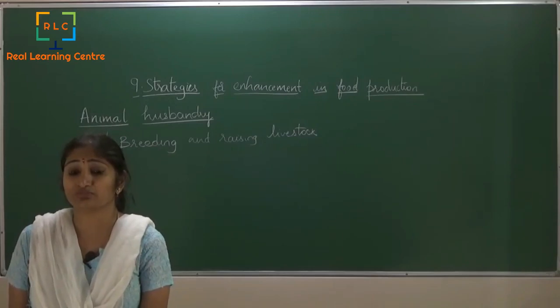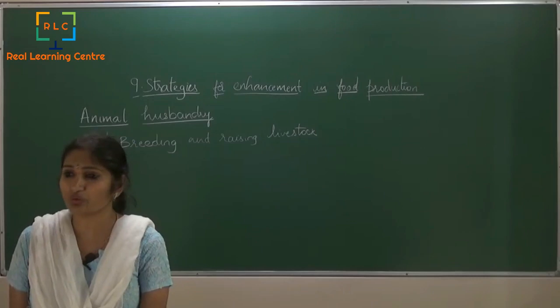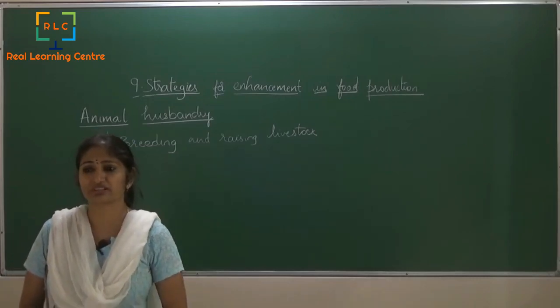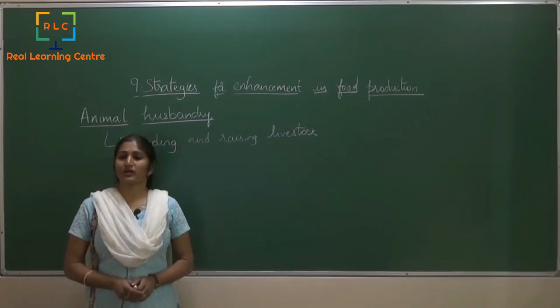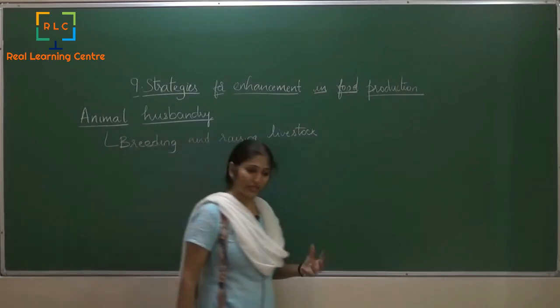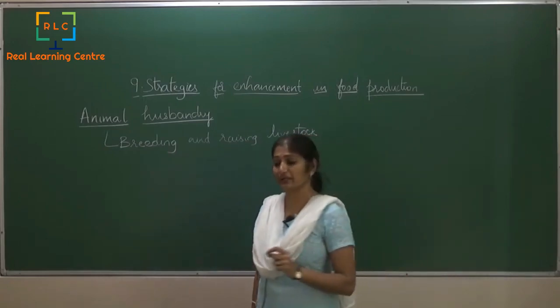Okay, so we do have a lot of conventional practices of animal breeding. We do take care of them, but whatever said and done, there are many new technologies that are available, and all these have to be applied so that we can see some improvement in quality and productivity.